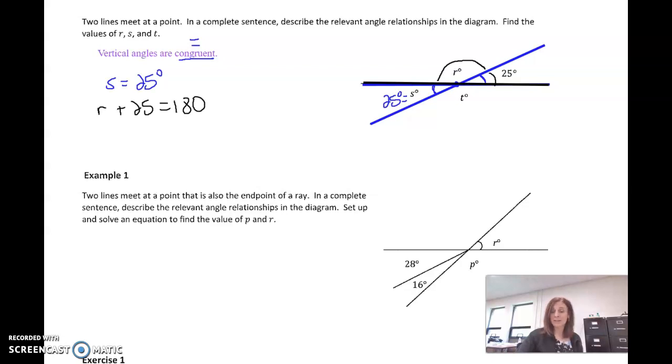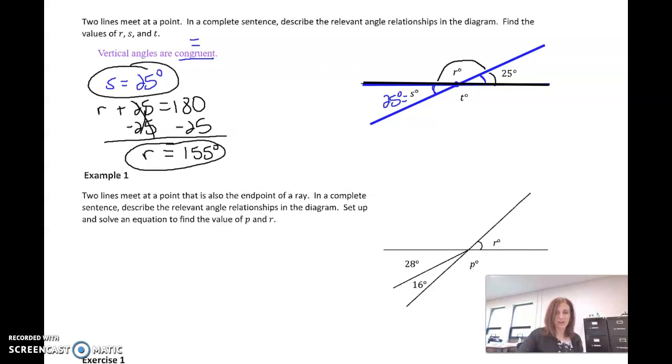As we were practicing last lesson, I want to know what R is, so I have to get rid of the 25. It's plus 25, so I'm going to subtract 25 from each side. That gives me 0, and I'm left with R equals 180 minus 25, which is 155 degrees. So I have S at 25 degrees and R at 155 degrees.